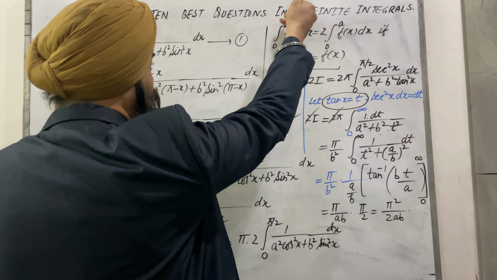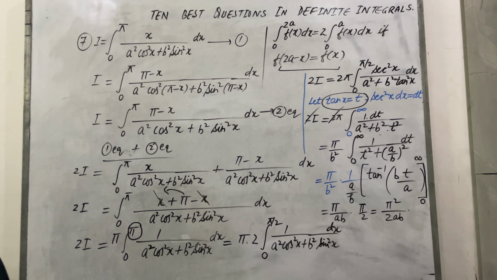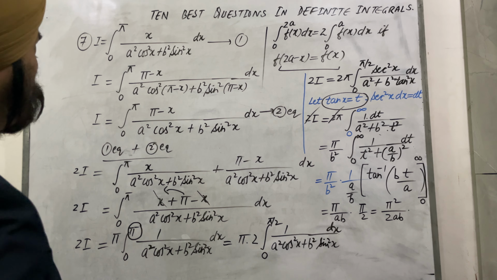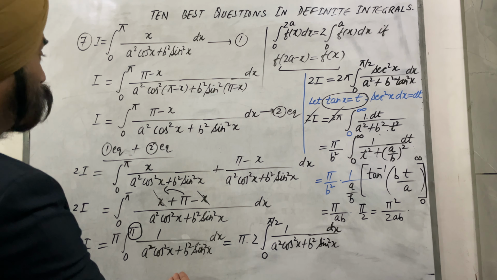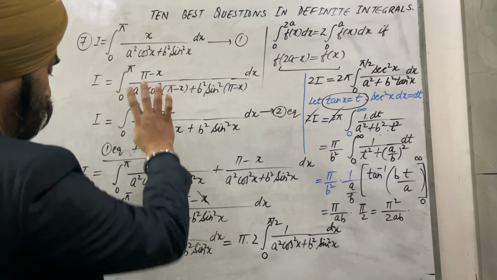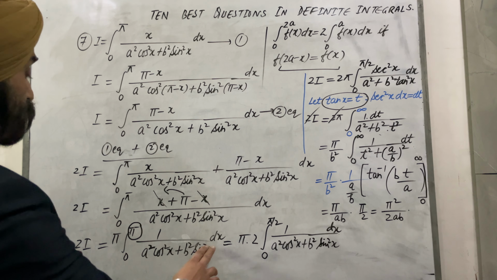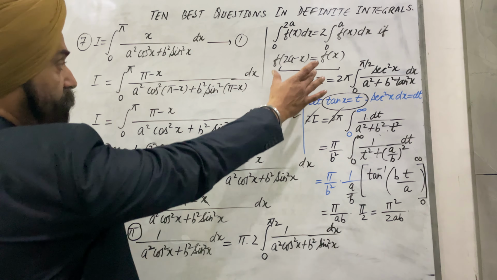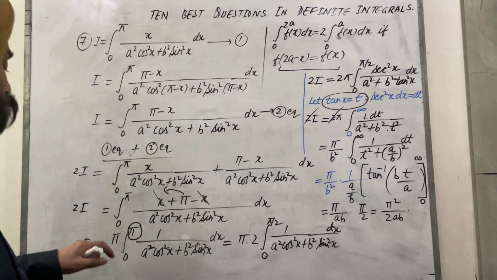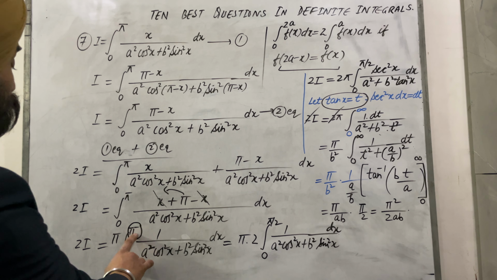And 2a is whatever we have as the upper limit. So in place of 2a we have pi here. So in place of x, if I write pi minus x, this remains cos square x. A similar thing we have seen here in the denominator also. And b square sin square of pi minus x again gives you sin square x. So this property is satisfied. So this helps us in reducing the upper limit to its half.